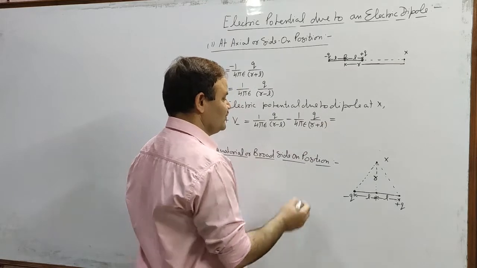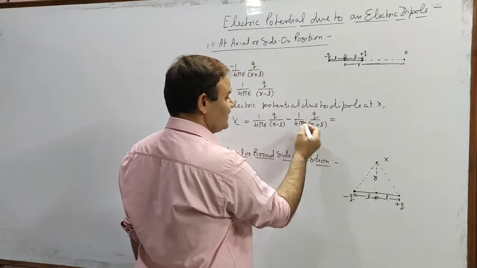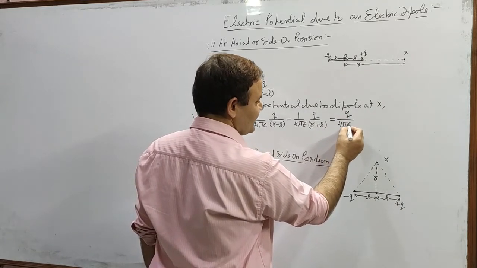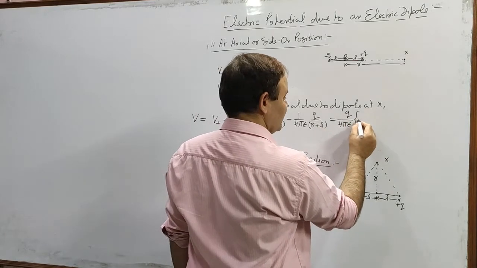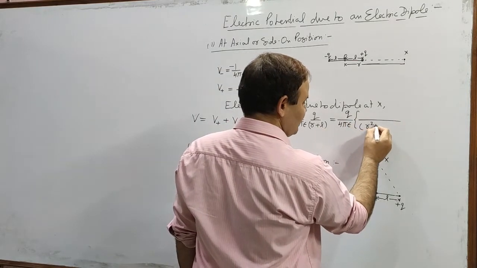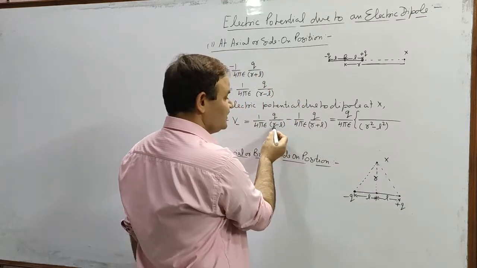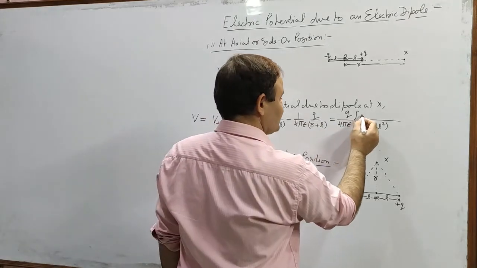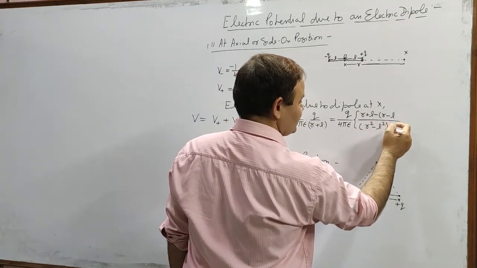This is equal to, LCM will be r square minus l square, and Q upon 4 pi epsilon will be taken outside. So we will have r square minus l square as LCM, and here r plus l minus r minus l.